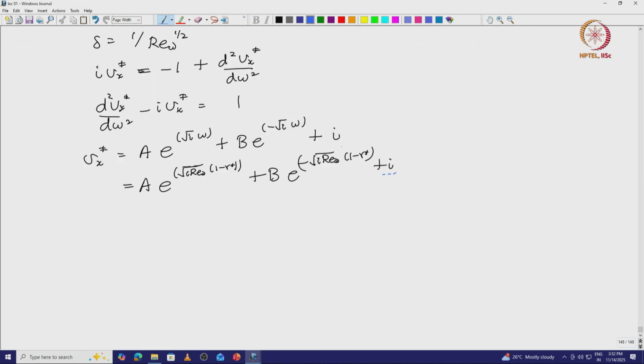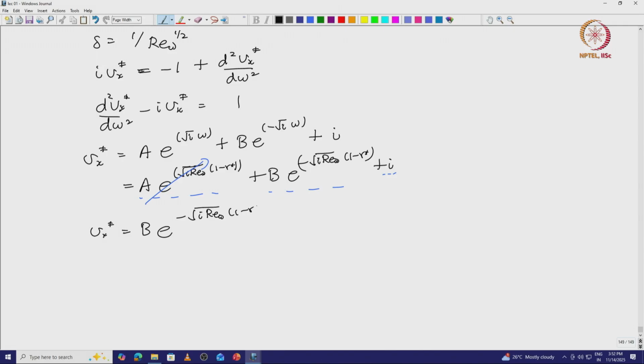I have two terms, one of which is exponentially growing and the other is exponentially decaying. Clearly, it will not converge to I as you go towards the center of the pipe unless this exponentially growing term is equal to 0.